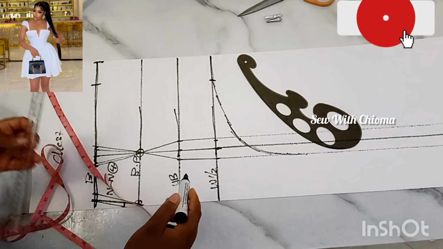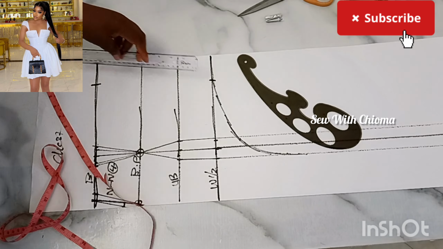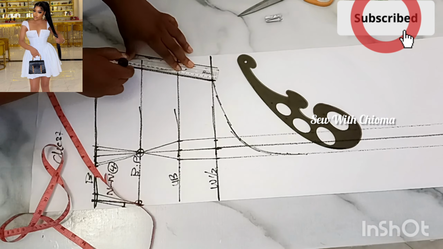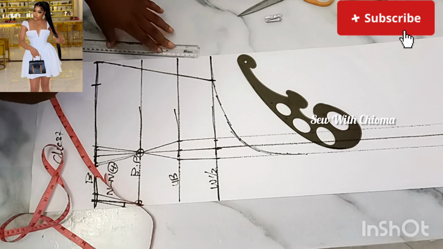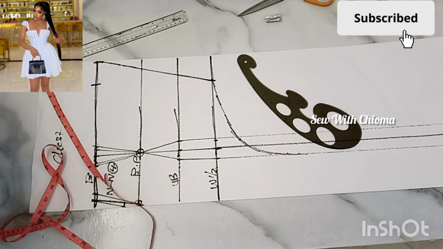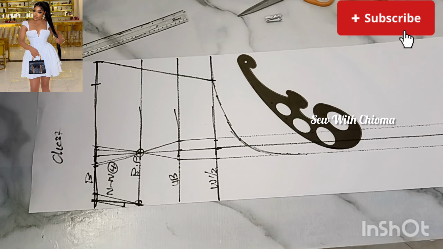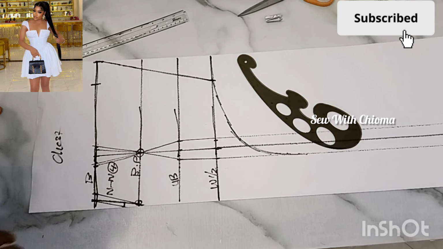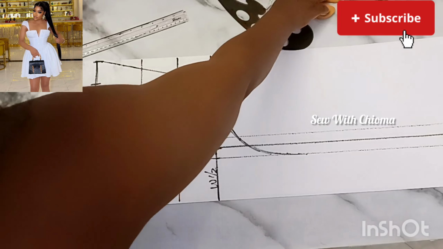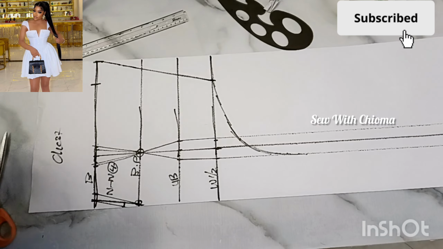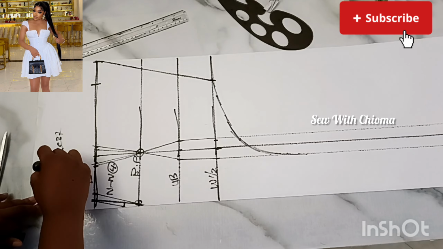Now if we are dealing with bust point, for the bust you can go with 4 as your allowance, while on the waist you go with 5 as your allowance. That is if it is armhole depth. If it is breast tube, okay? So after curving, the next is for us to cut.